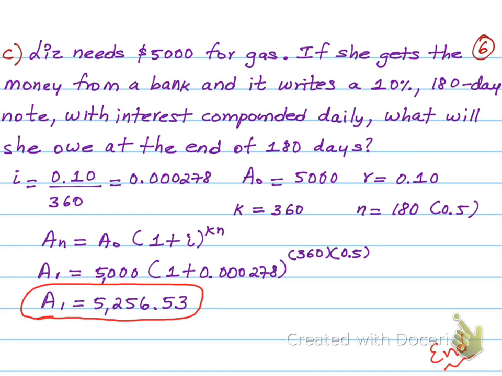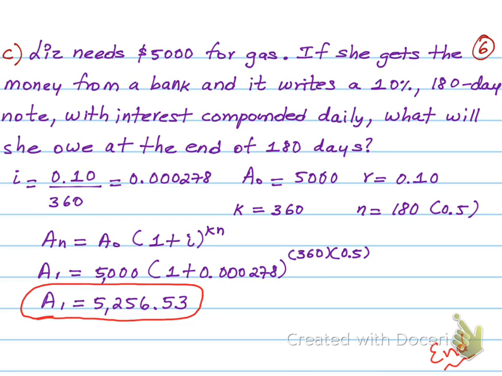Okay, finally, Liz needs 5,000 for gasoline because now gas is very expensive in Mexico. If she gets the money from a bank and the bank writes a 10% 180-day note with interest compounded daily, what will she owe at the end of 180 days?